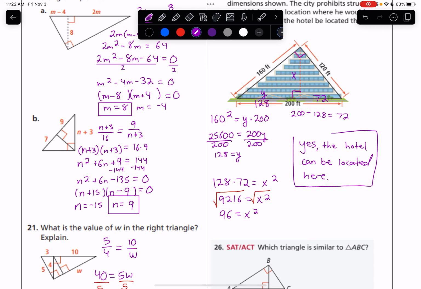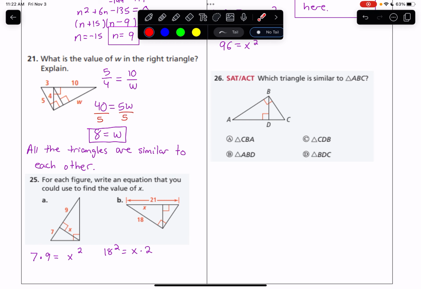Next, which triangle is similar to ABC? In this case, we're just looking at the order of the letters. If I trace triangle ABC, I have small angle, right angle, medium angle. We need to figure out which one of these arrangements of letters goes small angle, right angle, medium angle. CBA is the same triangle, so that's not going to work.